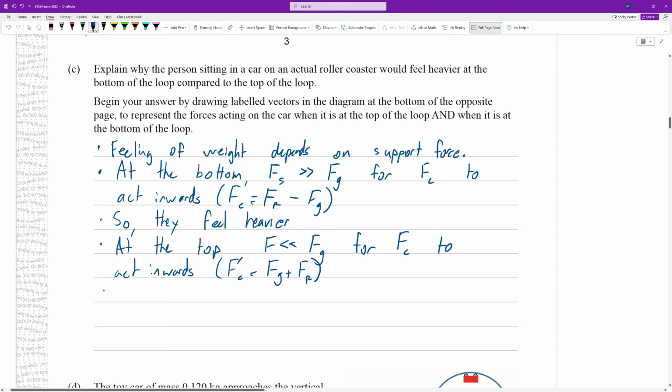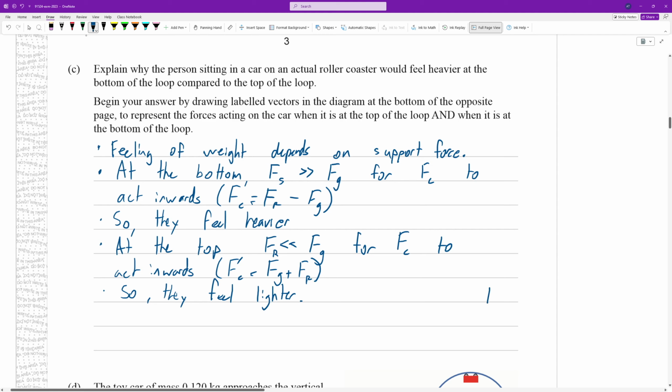And so at the top, they feel lighter. If reaction force was 0, they would feel weightless, because the only force acting on them is their weight. So they'd be momentarily in free fall.